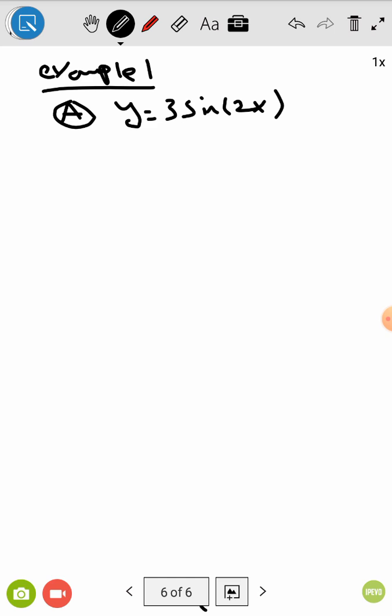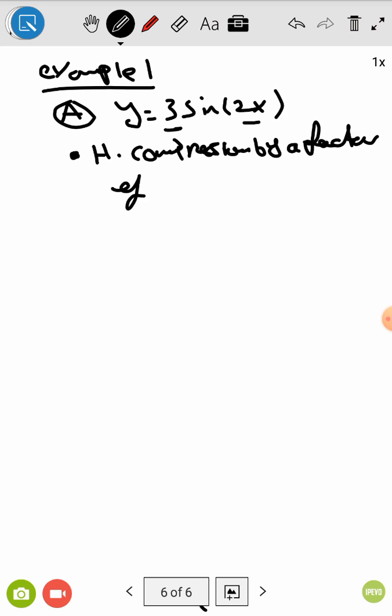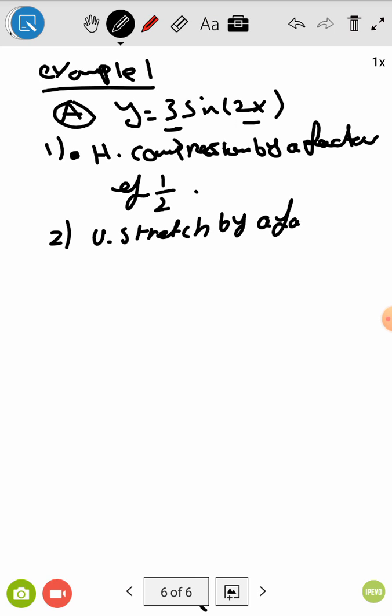First of all, if you noticed, we have two transformations. We have 2 and 3 here. So the first one, we have to list the transformations: horizontal compression by a factor of half, and vertical stretch by a factor of 3.